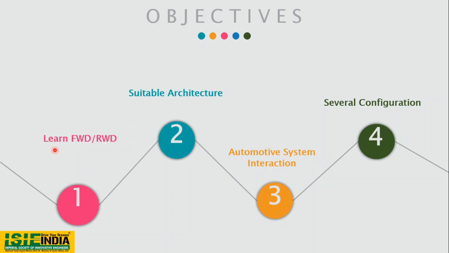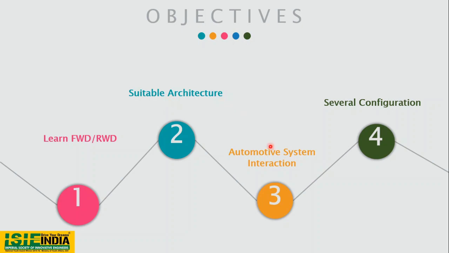We'll get to learn about the front wheel drive and the rear wheel drive, and the best benefits of those cars. Also we'll learn the suitable architecture amongst front wheel drive, rear wheel drive, and hub mounted motor systems.